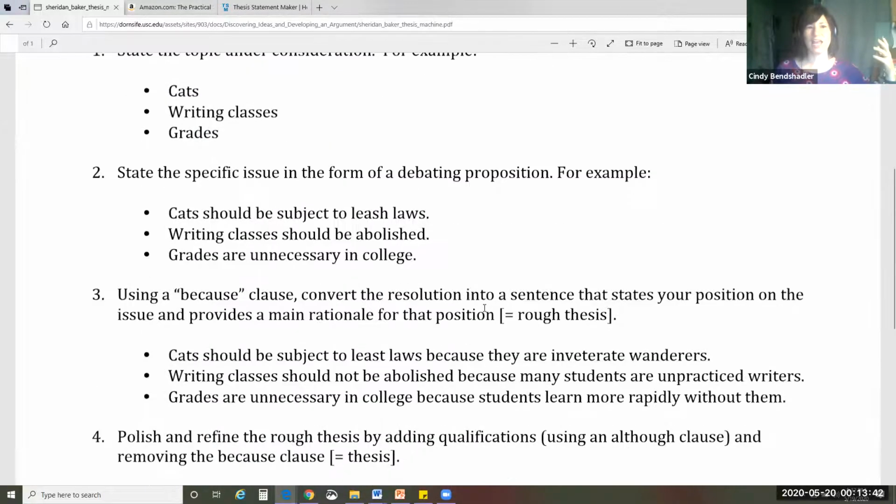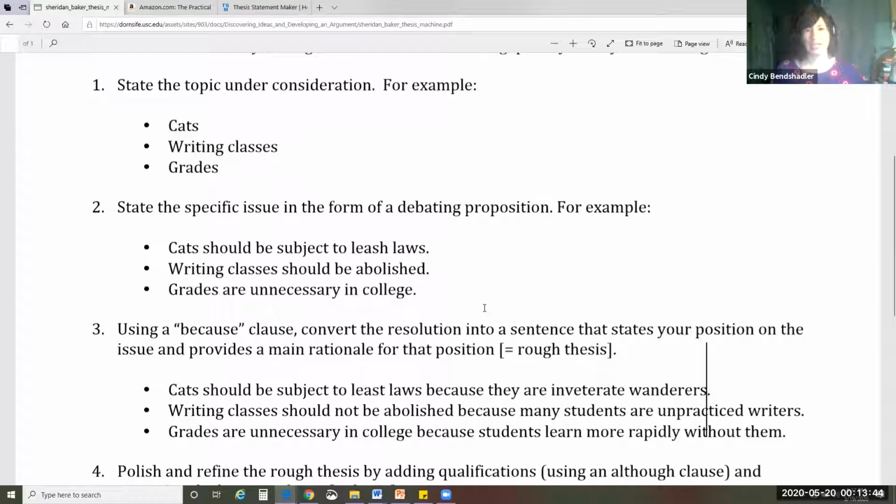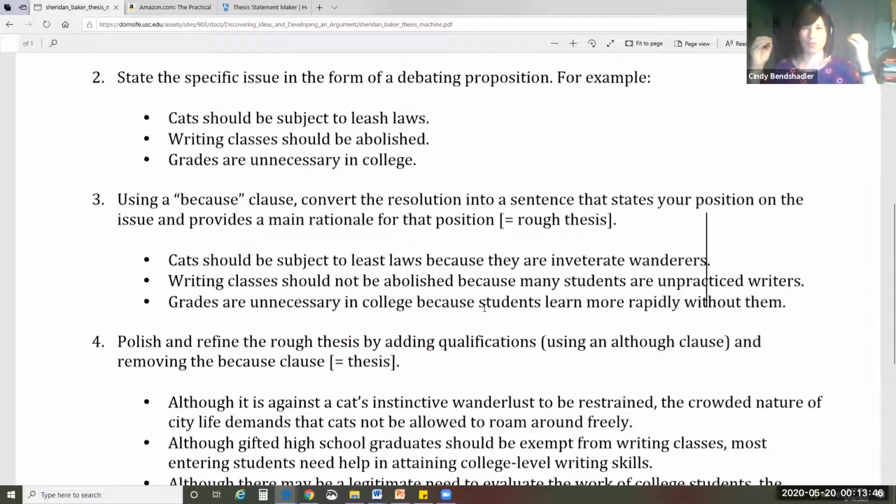And so whether that's cats, writing classes, or grades, and then you're going to think about it as a debate, right? If this was a debate and you had pro and con, how would you state the position? And so if you were talking about cats, you could decide, well, I want to say that cats should be subject to leash laws, that cats shouldn't be allowed to roam wild on their own.